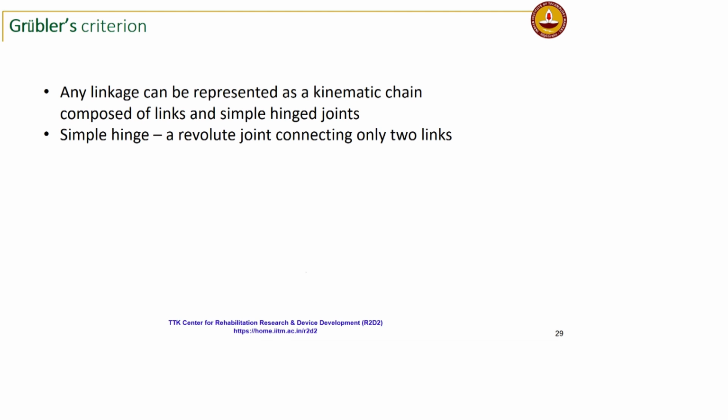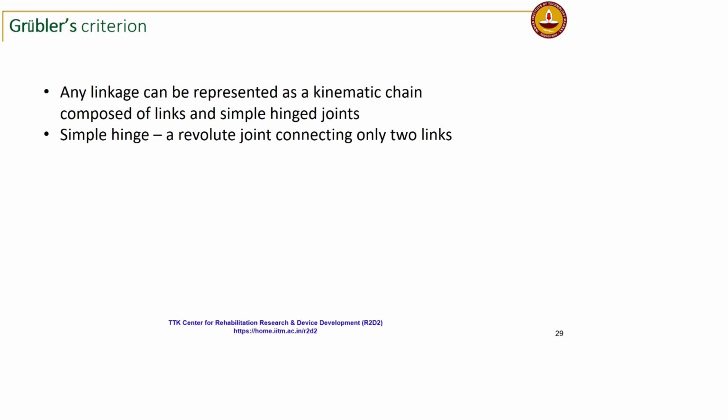And even in a linkage, you can always represent any linkage as a kinematic chain which has only links and simple hinge joints. A simple hinge joint is a revolute joint that connects only 2 links.